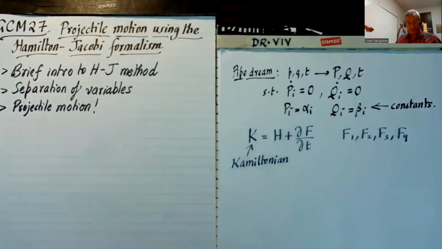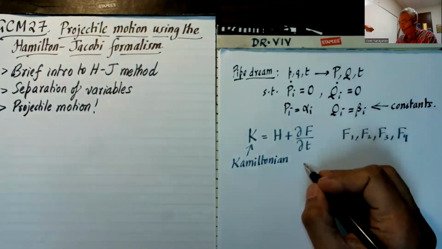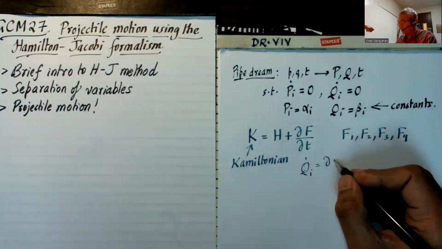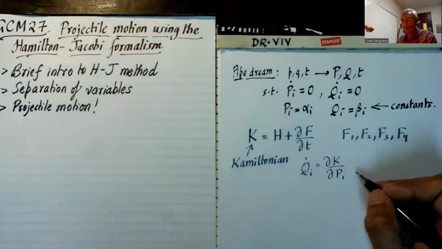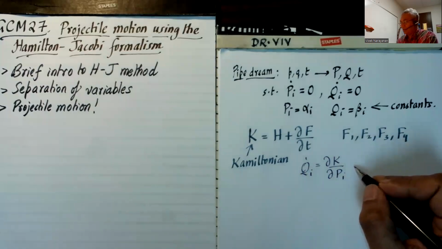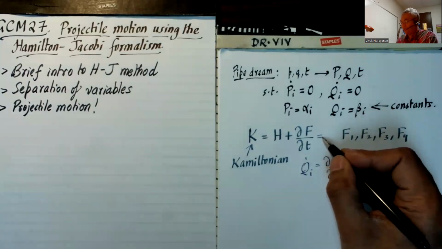In terms of that Hamiltonian K, the new coordinates Q_i dot are just going to be del K by del P_i, using Hamilton's equations with respect to the new Hamiltonian K. Let's suppose that K is 0.